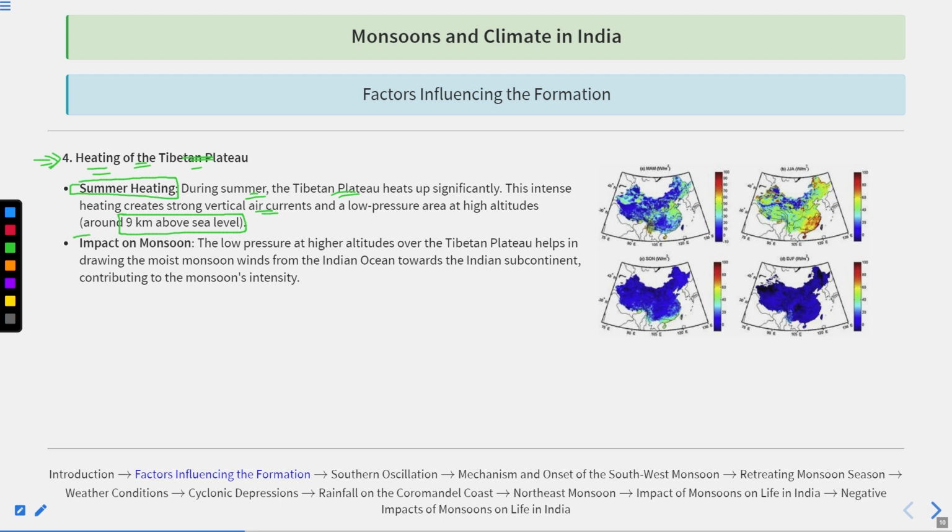Thereafter, the impact on monsoon. The low pressure at higher altitudes over the Tibetan Plateau helps in drawing the moist monsoon winds from the Indian Ocean towards the Indian subcontinent, and this automatically contributes to the monsoon intensity that we will have in our country.